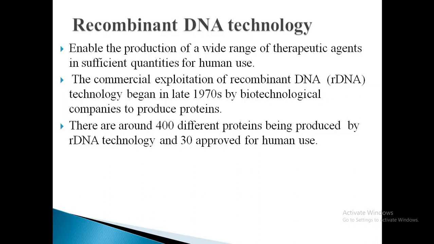The commercial exploitation of recombinant DNA technology began in the late 1970s by biotechnological companies to produce proteins. Around 400 different proteins are being produced by rDNA technology, and only 30 were approved by the Medical Council for human use.